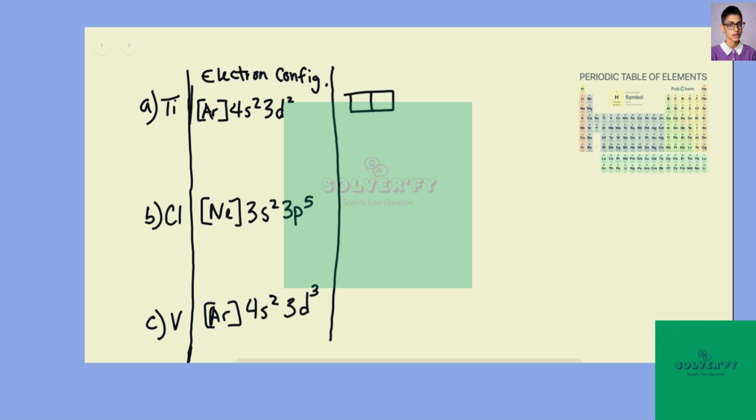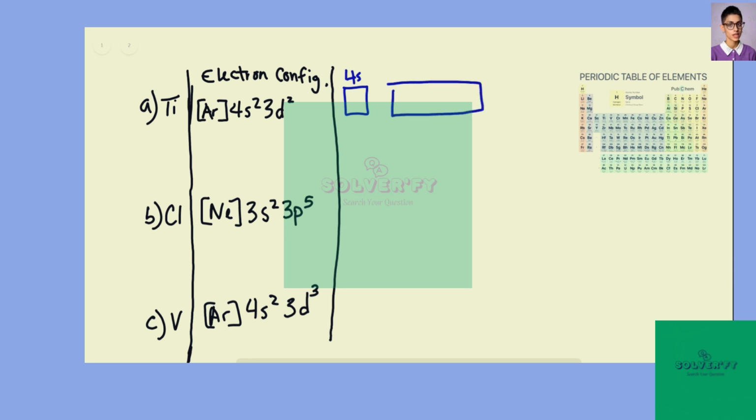So looking at titanium, the entire row after argon. That's not quite right. We'll do this in another color just for giggles, to brighten it up. All right, so here we have the 4s orbital.